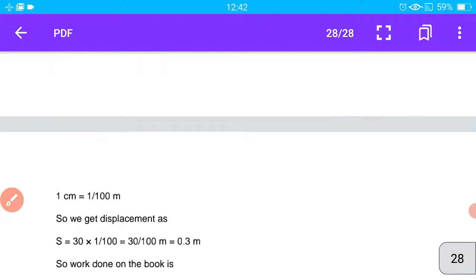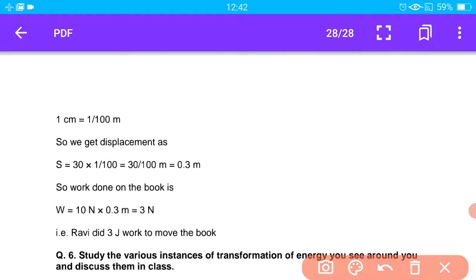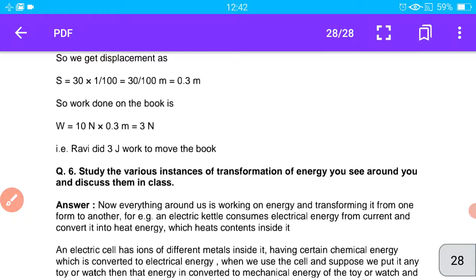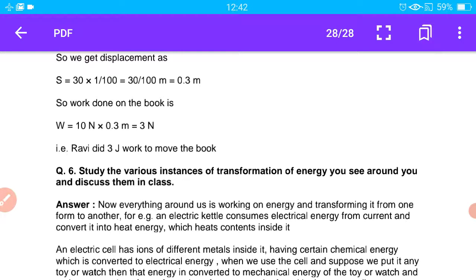Okay. So one centimeter equals 1 upon 100 meter. So we get the displacement as you can see in this video. S equals 30 into 1 upon 100, equals 30 upon 100 meter, equals 0.3 meter.